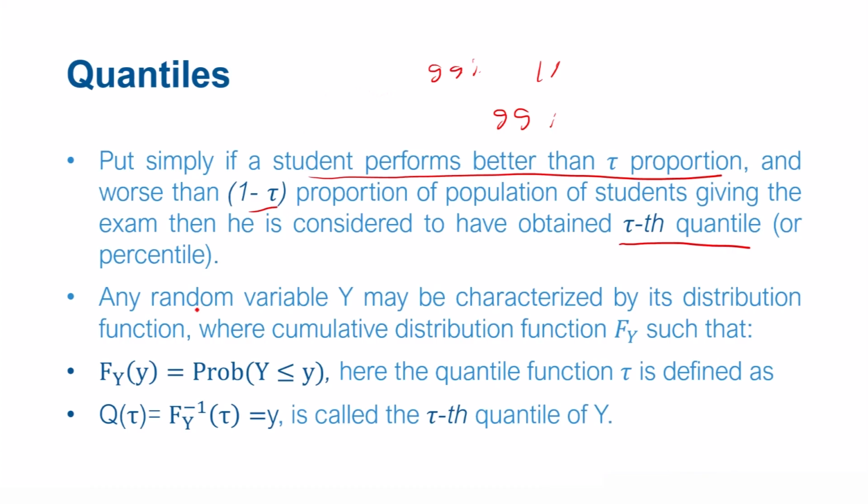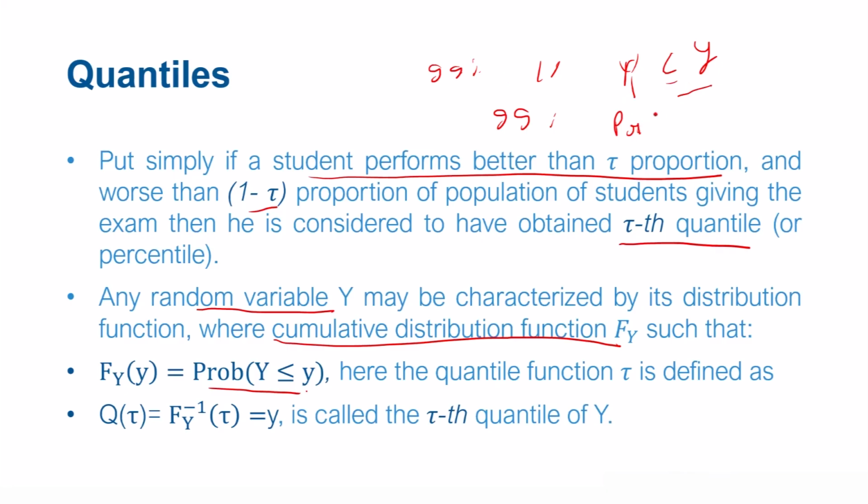Now, any random variable can be characterized by its distribution. All variables have their distributions, and you also express it in the form of the cumulative distribution function F(y), where F(y) equals the probability of Y less than or equal to y. So a cumulative function is nothing but the total probability of all the values that y is greater than.